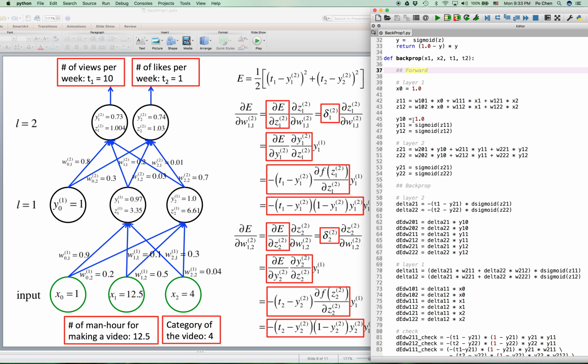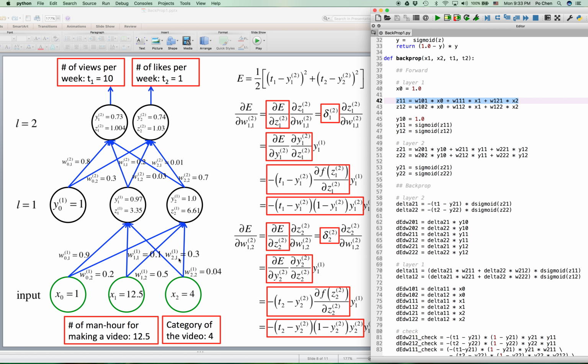Right. So if we look at the code, z11 equals the weighted summation. That's z11, right? It's a logit. It's just equal to the weighted summation of x0, x1, and x2, with all the weights, given by w101, w111, and w121.